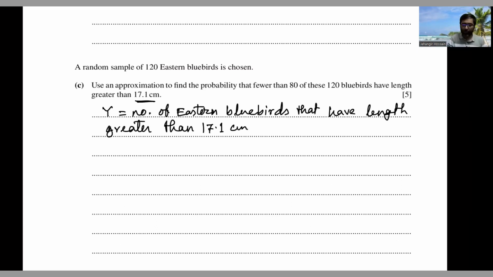In that case, we have a sample of 120 bluebirds. So n is 120. Why are we mentioning it as n?